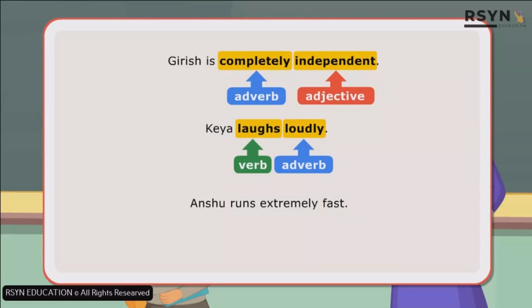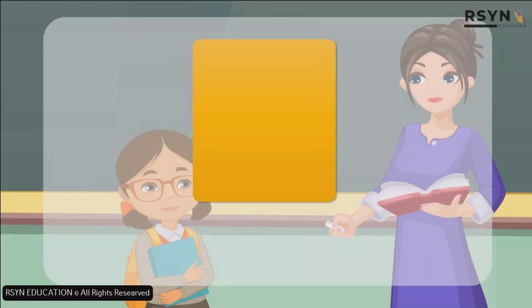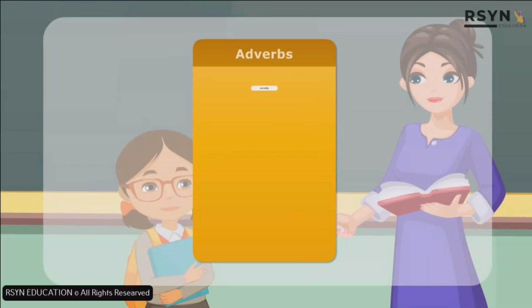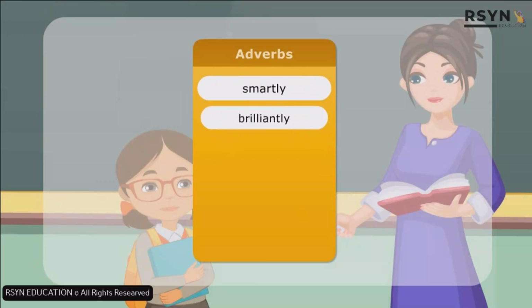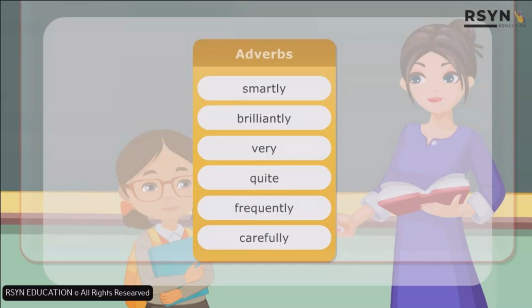In the third sentence, extremely is an adverb, as it modifies the adverb fast. Here is a list of some adverbs. Smartly, brilliantly, very, quite, frequently, carefully.